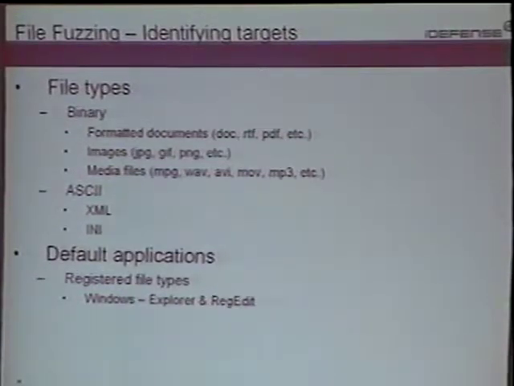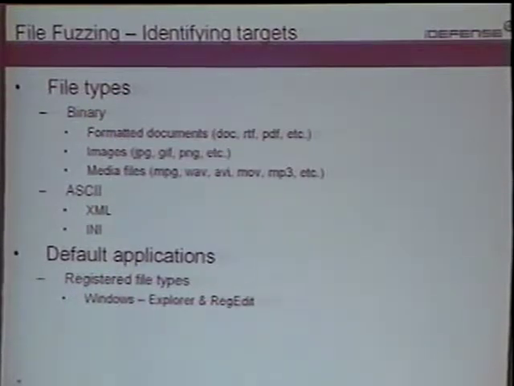And what we found typically in the file format vulnerabilities on the ASCII side of the house is that the value in the name value pair is allocated a specific amount of memory. Give it too much of a value and it'll overflow and you get a stack overflow. So we divided the file types into those two targets, binary and ASCII.